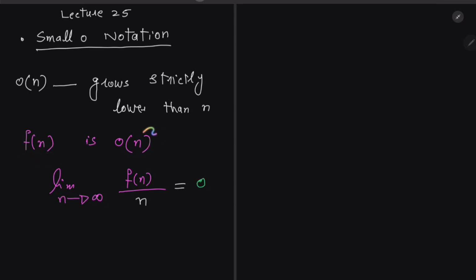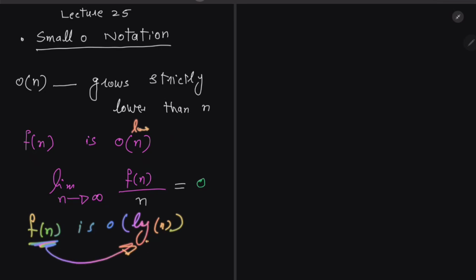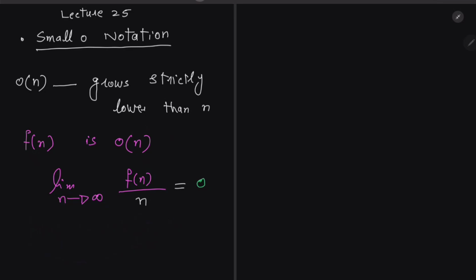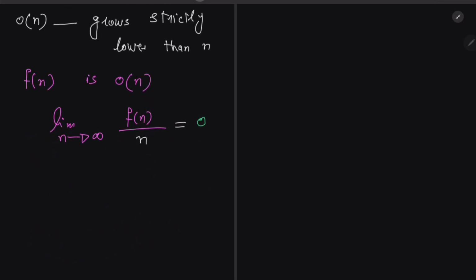It depends which order you are talking about. Here it can be two, or three. For example, if f of n is small o of log of n, then this unknown function is always less than log of n, and this will be a very efficient algorithm. Let me give you some particular examples.